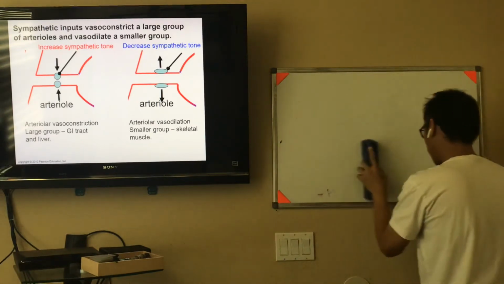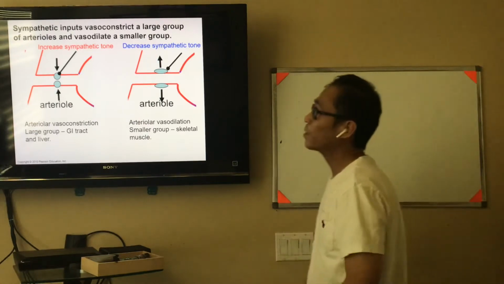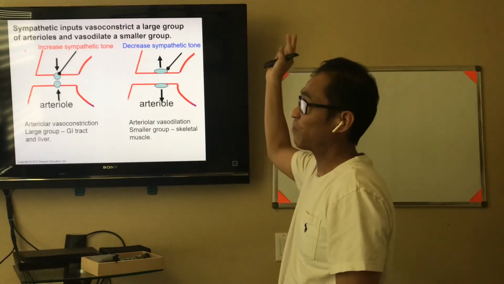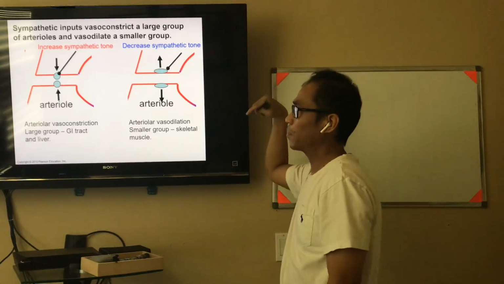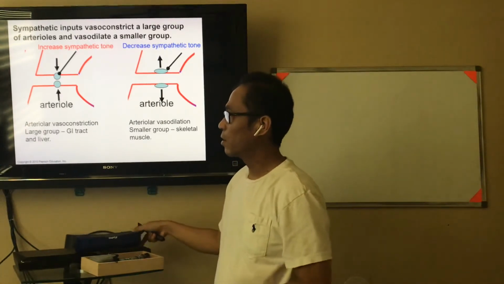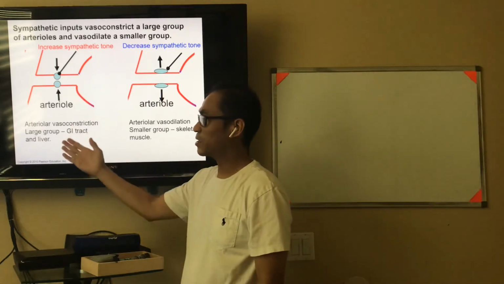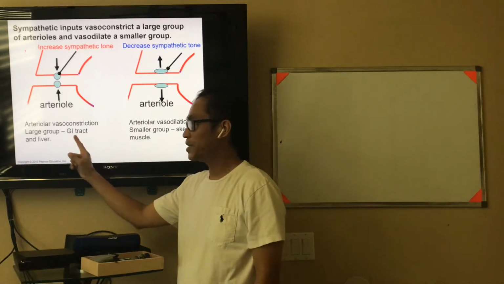So here's a side-by-side comparison going back to my simplified diagram. And I say sympathetic inputs vasoconstrict a large group of arterioles and vasodilate a smaller group. Okay, so here's the idea. Mostly what happens is over here. When you vasoconstrict, sympathetic vasoconstricts, and it does it to a large group, most of your body. It works very well at the GI tract and liver.